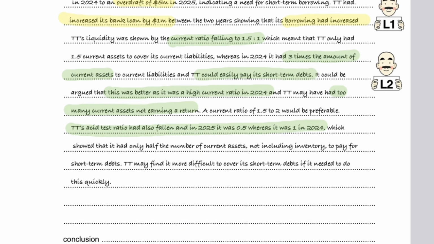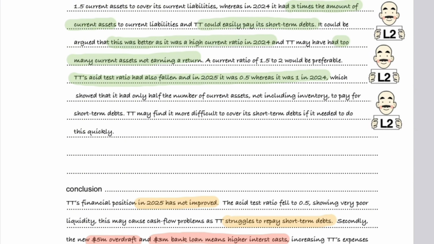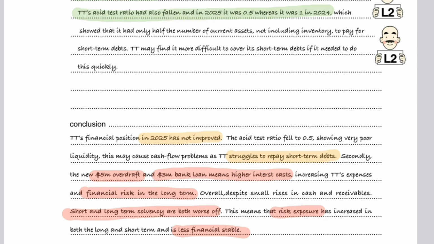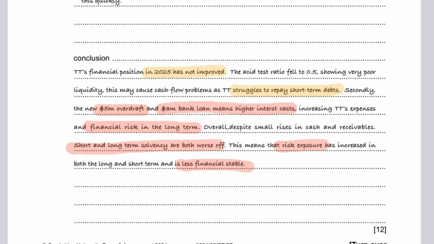The candidate further analyzed that in 2024, they may have too many current assets which are not earning a return. This was the second level 2. And the final level 2 was the calculation of the acid test ratio, from 1 in 2024 to 0.5 in 2025. So the conclusion is where I used the examiner's comment to improve this answer to a 12 out of 12.